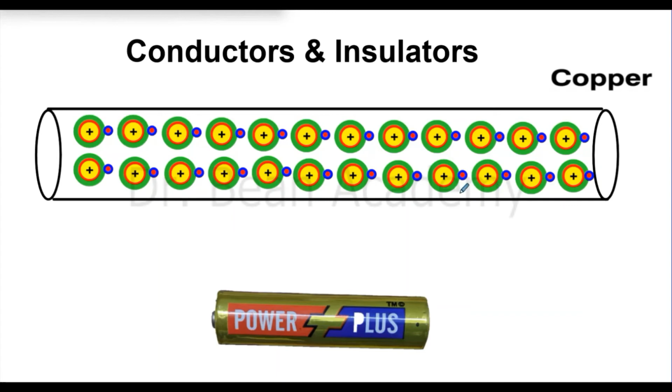So now we see that there are a lot of copper atoms, and I am only representing the outermost shell and the electrons in that shell. The rest of the structure is just hidden in the central part, so don't worry about that, because we are interested only in the valence electrons.